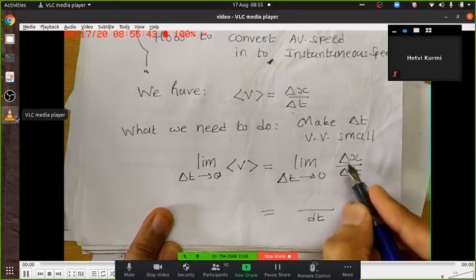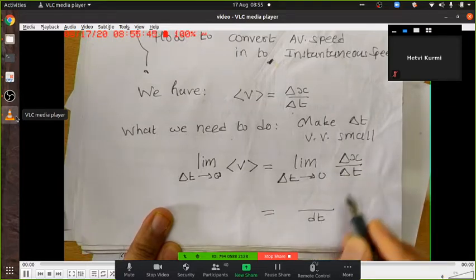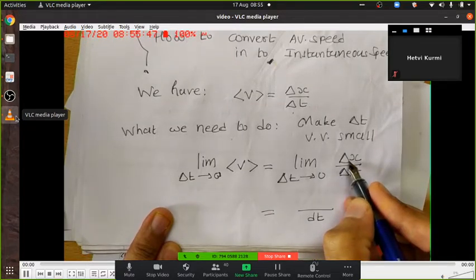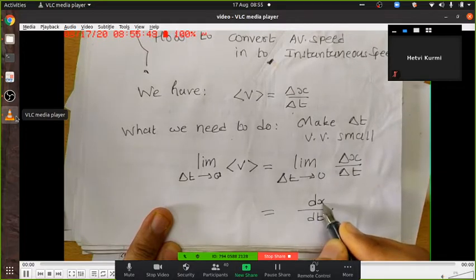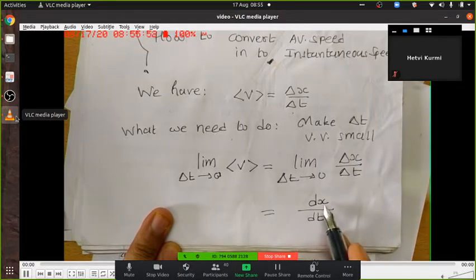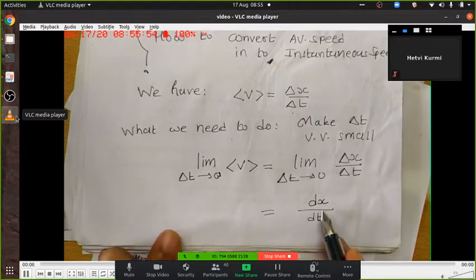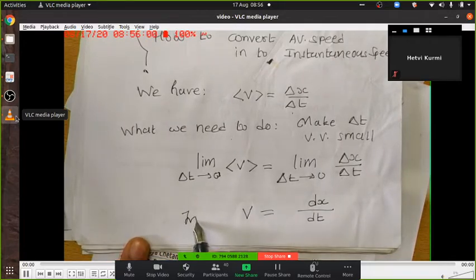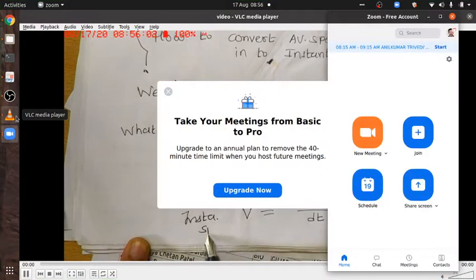And now small allowed time, so displacement is also very very small. So we write dx. Small displacement divided by small interval of time. So now I'll write just v. This is instantaneous speed.